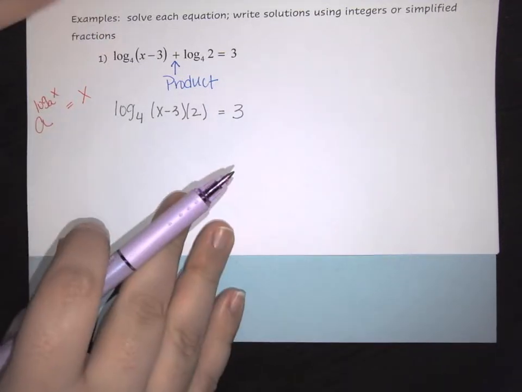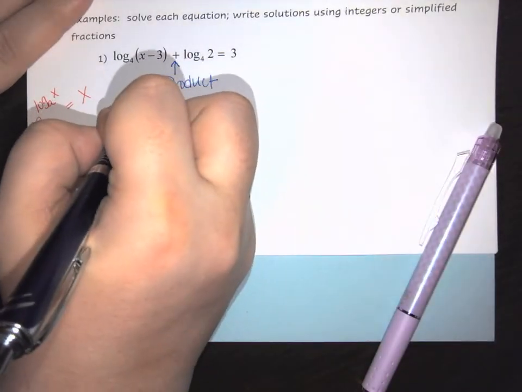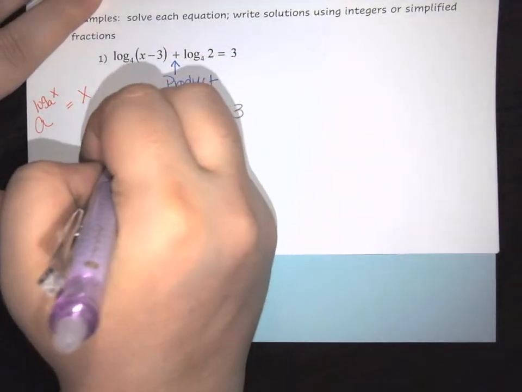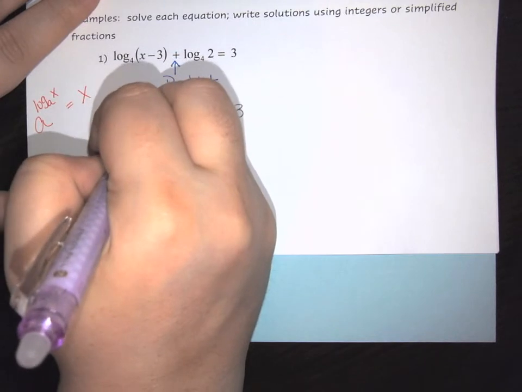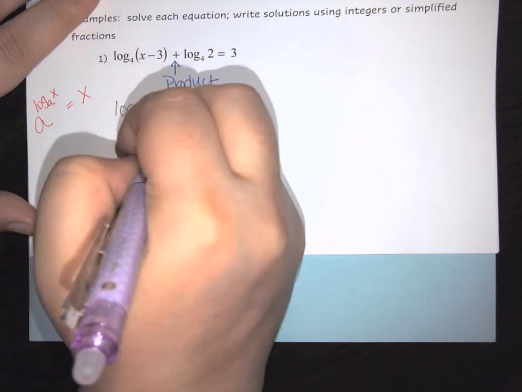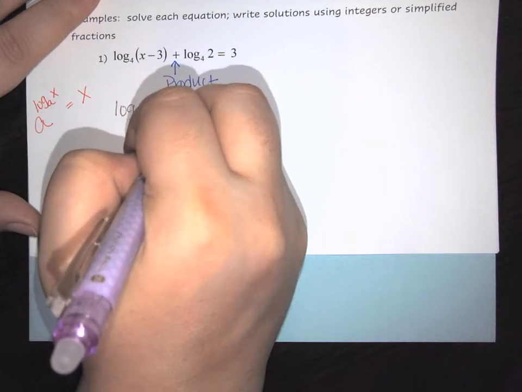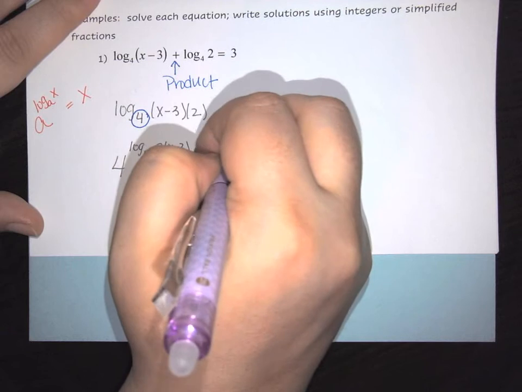So here, notice my base is a 4. So I'm going to raise both sides as a base of 4. So this becomes 4 to the log base 4 of 2 times (x minus 3), and this is going to equal a base of 4 raised to the third.